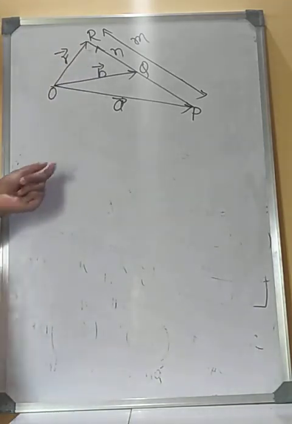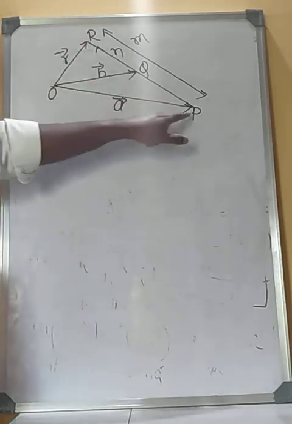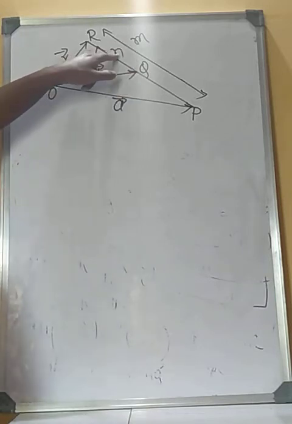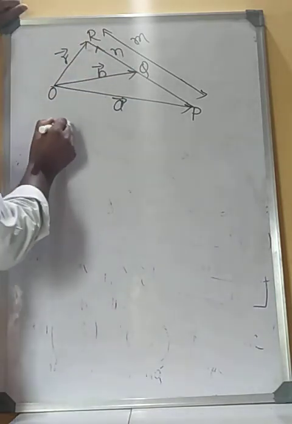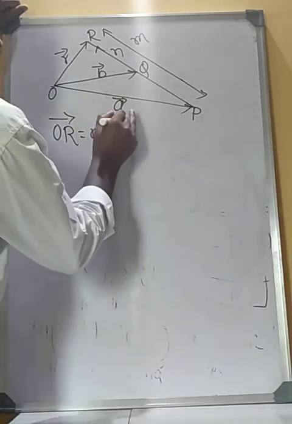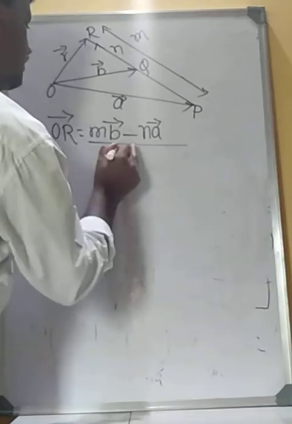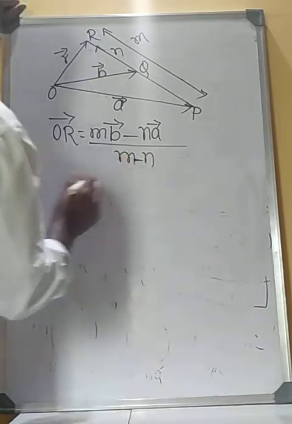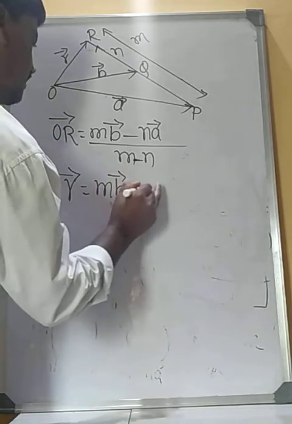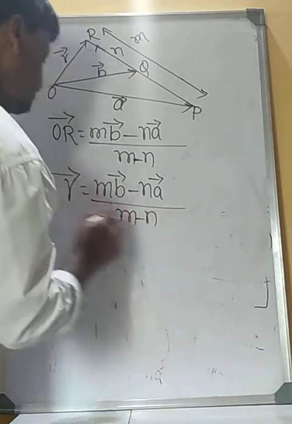Similarly, the position vector of the point R, which divides PQ externally in the ratio m is to n, is given by OR vector is equal to m b vector minus n a vector, dividing by m minus n.